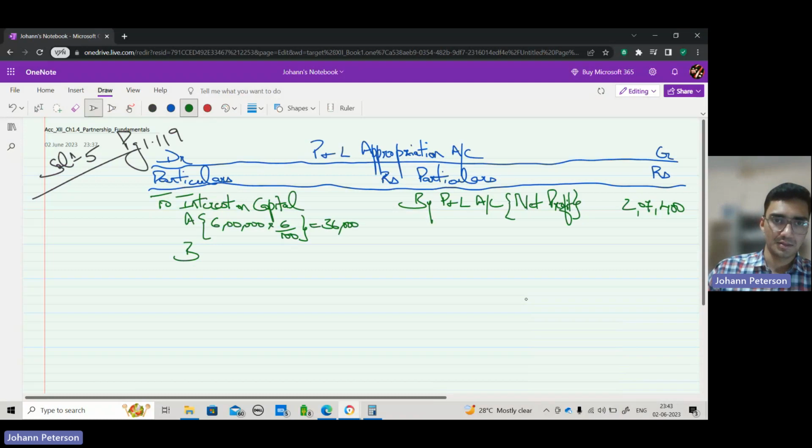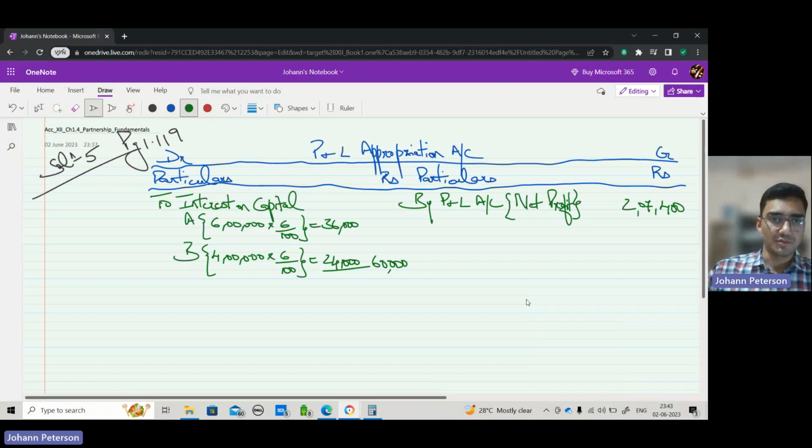For B, again we'll calculate it. This is on 4 lakh at the rate of 6%. So this is coming out as 24,000. So our total of this is going to be 60,000, which we will write in the outer column.